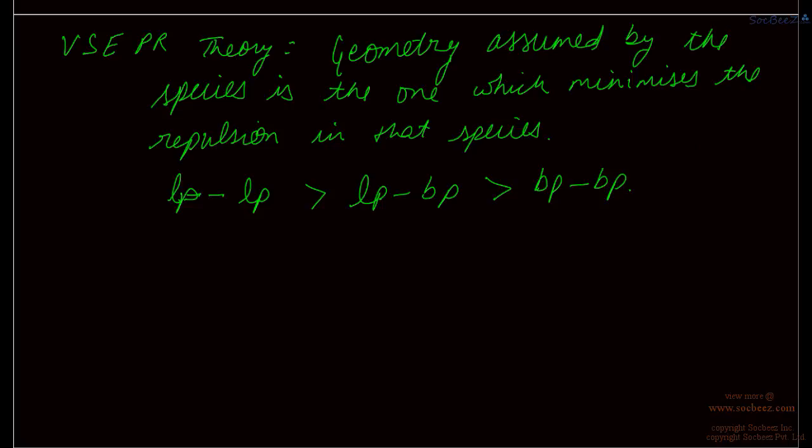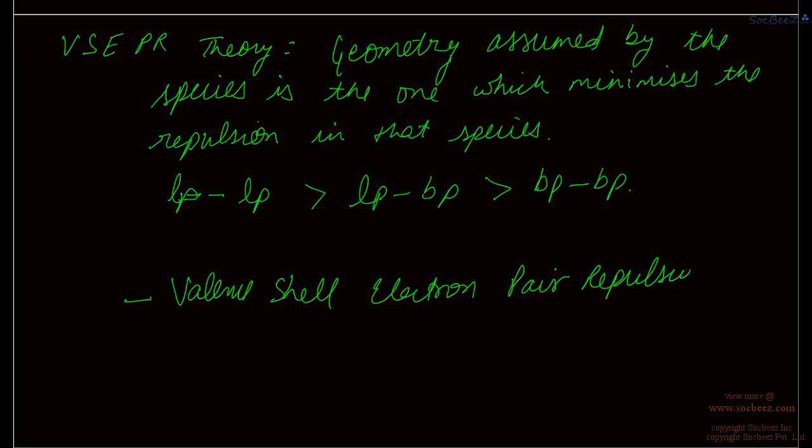Okay, so this theory is known as valence shell electron pair repulsion theory.